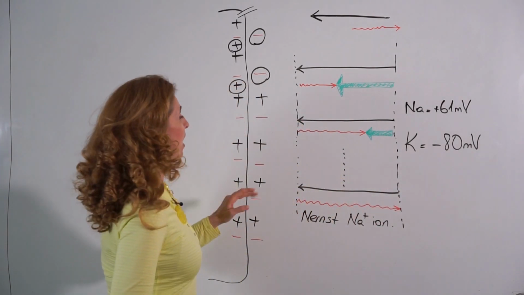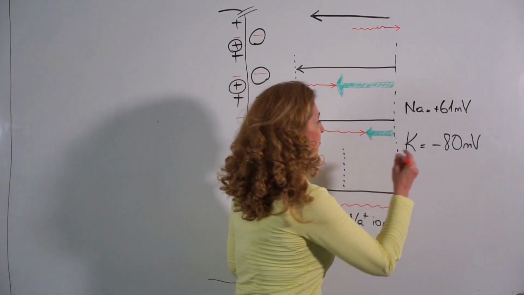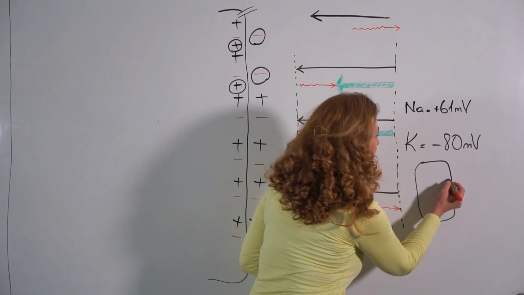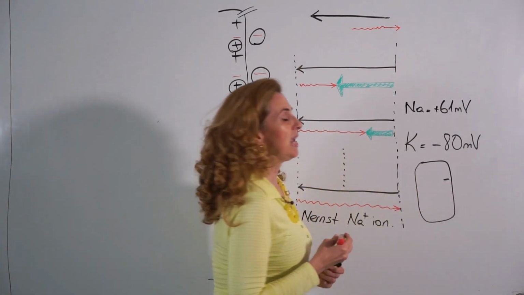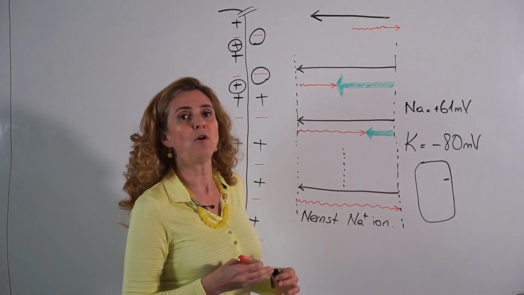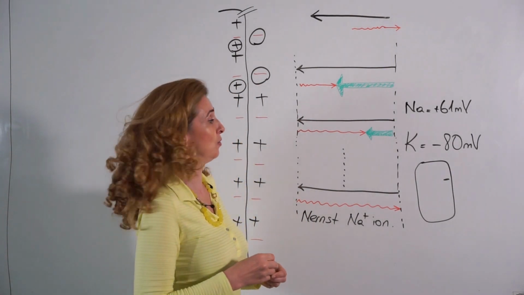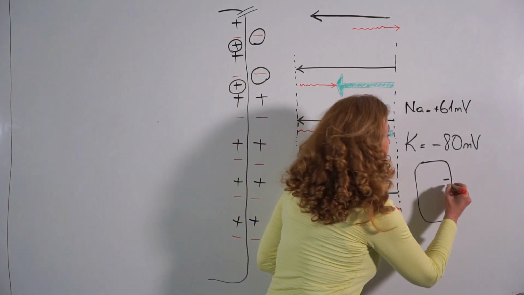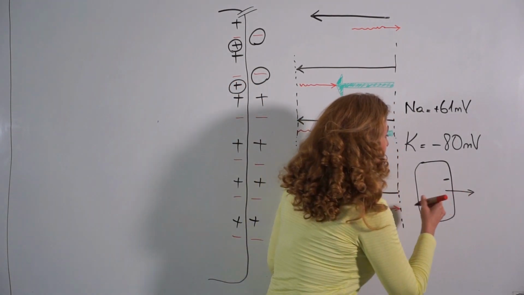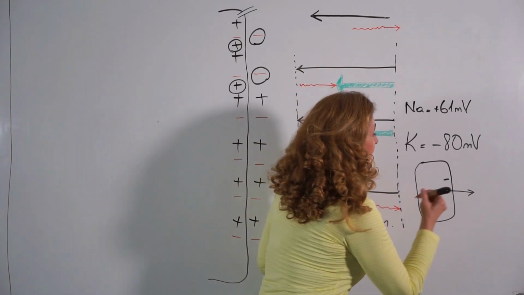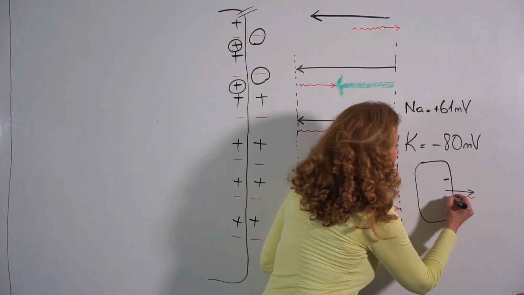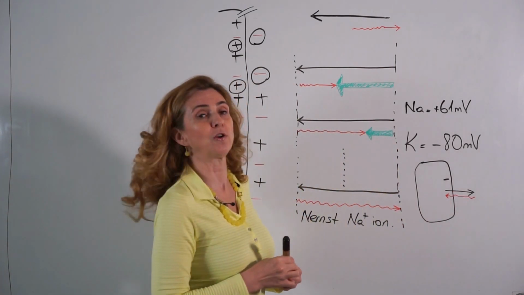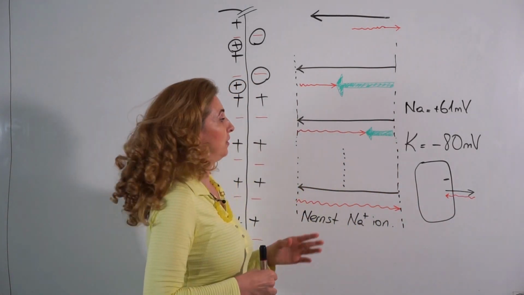Or in other words, when the inner side of the membrane, let's draw a cell for potassium, is 80 millivolts more negative compared to the outside, this will stop the concentration force pushing potassium outward, which means the Nernst potential will be equal to the force of the concentration difference.